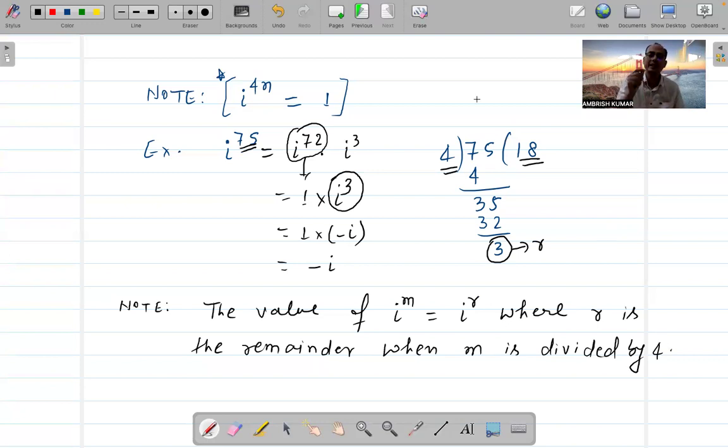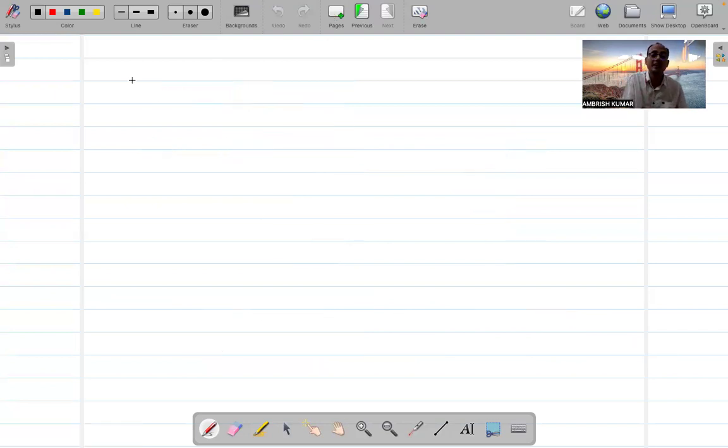So look, in case of imaginary powers, you can deal in two ways. The first way would be like, let us say, for example, we have i to the power minus 75, negative 75 is there.